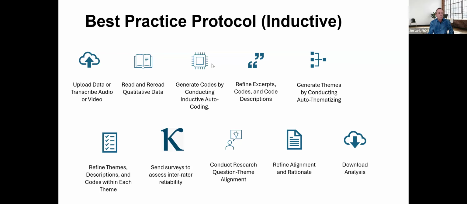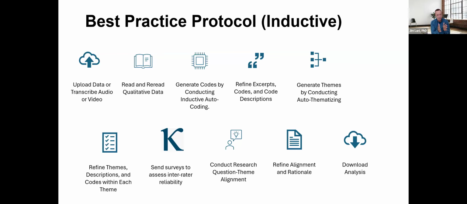In the inductive protocol, you start with a blank sheet of paper and it goes out and identifies important excerpts. It will collapse those together and create a code name and code description. That's really a cool thing. There's also a manual coding or a hybrid, human and AI coding.